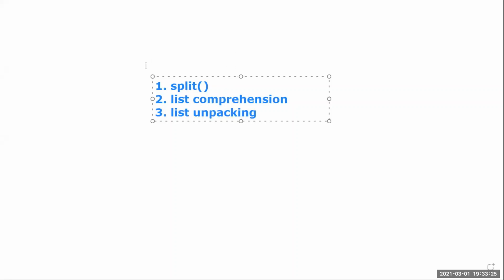So what is our aim? Our aim is to read multiple input values within a single line. So what is the syntax for that?